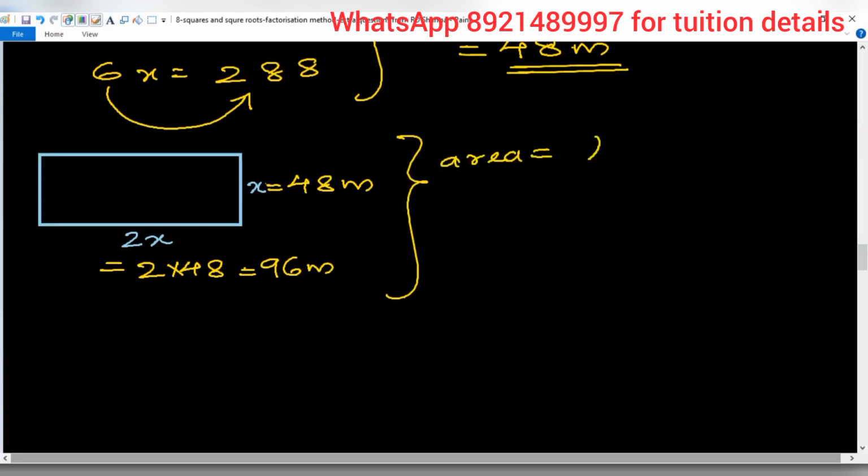Now we have to find the area. Area is length into breadth. For a rectangle, the area is length into breadth. Here the length is 96 and breadth is 48. So we have to multiply 96 by 48.